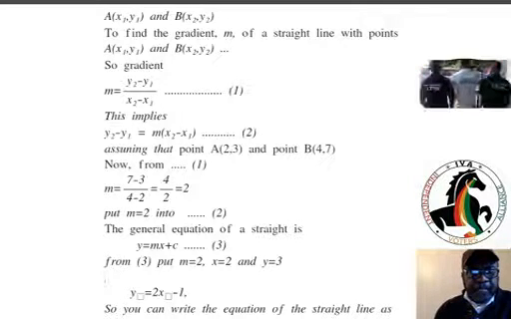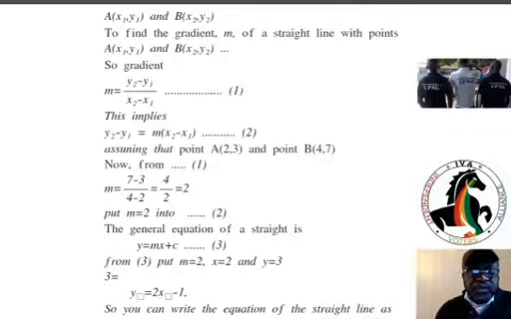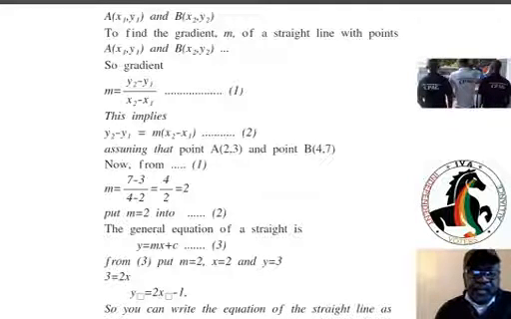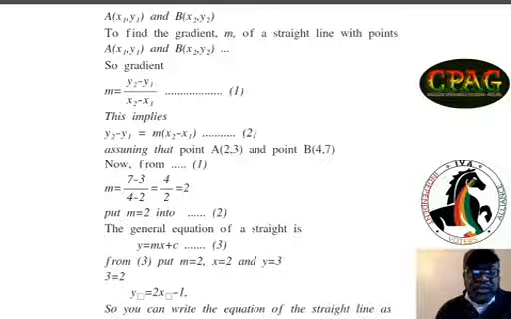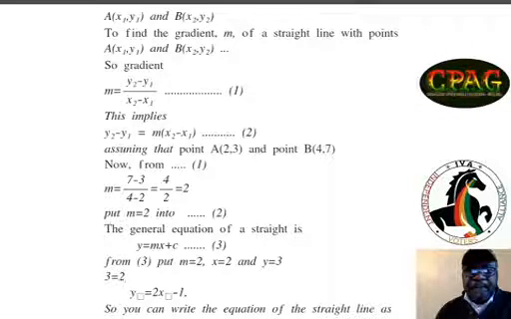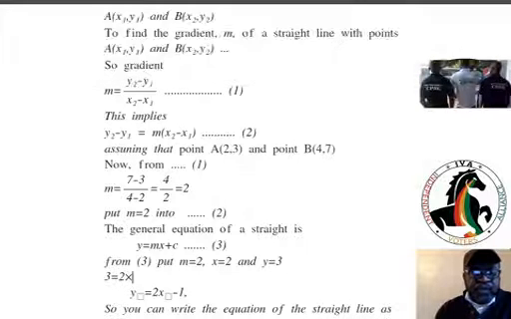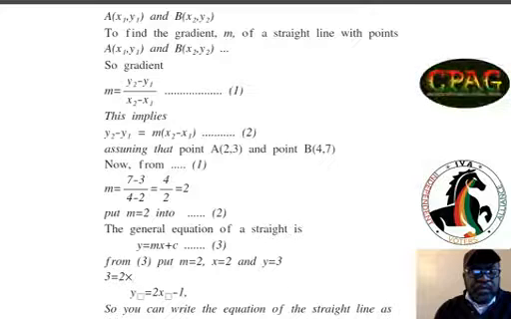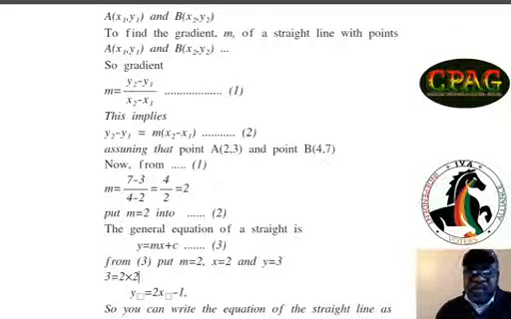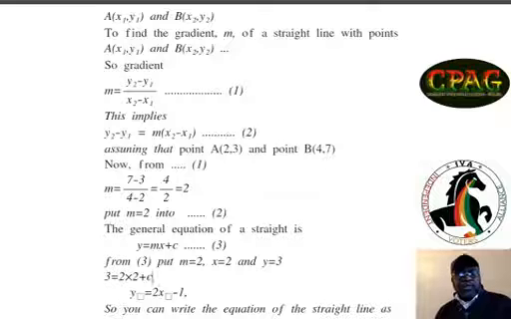You get 3 is equal to 2 times 2 plus c, because you know all the values here. The only one you don't know is c.